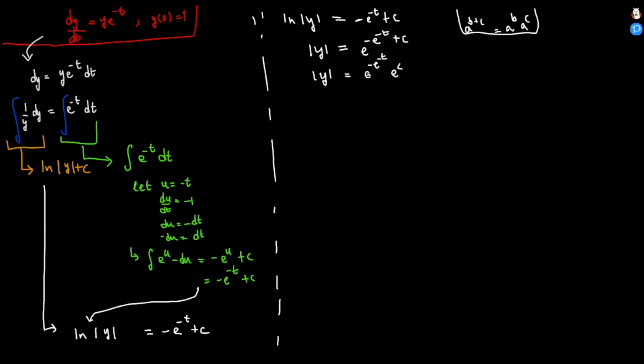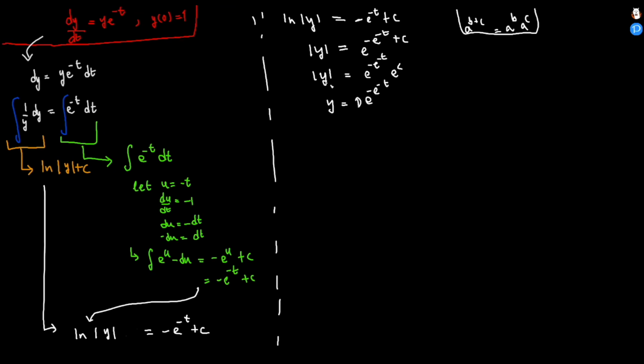All right, so now we're still trying to solve for y. We can rewrite this as y equals some value d times e to the minus e to the minus t.